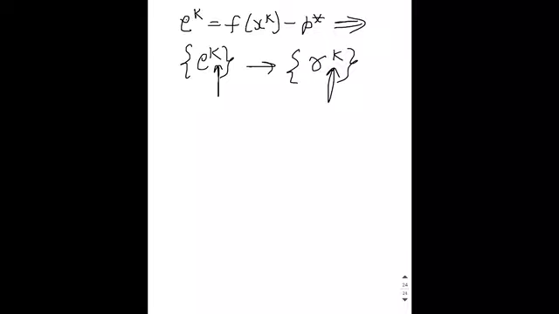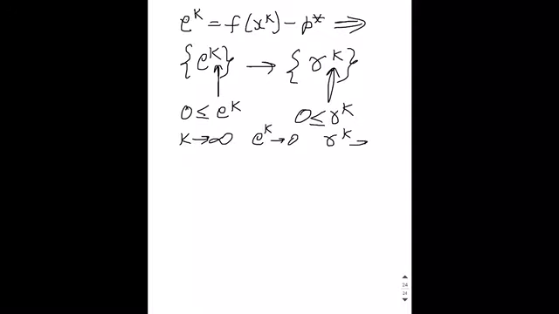We compare this with another standard sequence r_k. Both e_k and r_k are positive, and as k tends to infinity, e_k tends to 0 and r_k tends to 0.